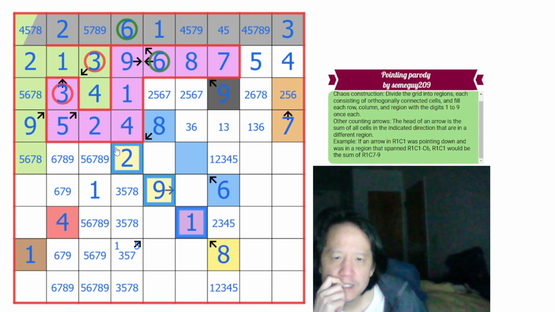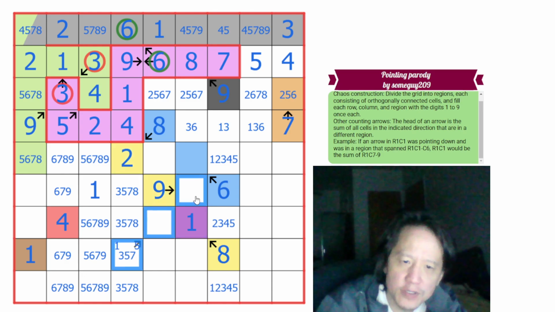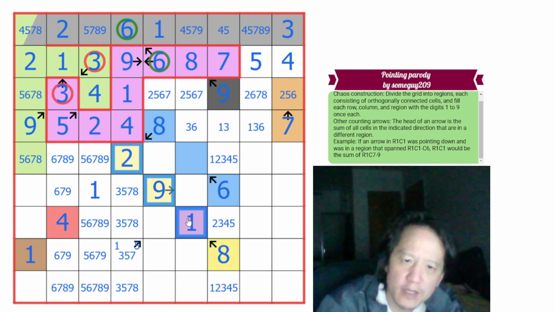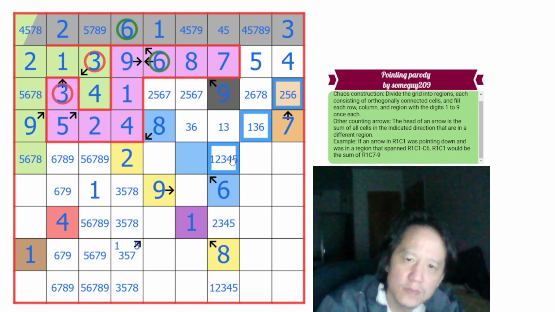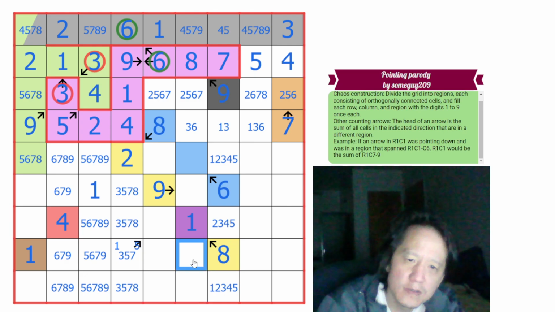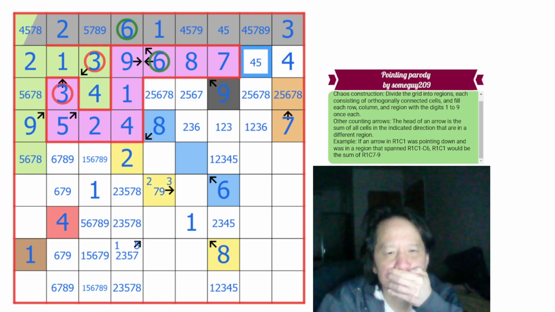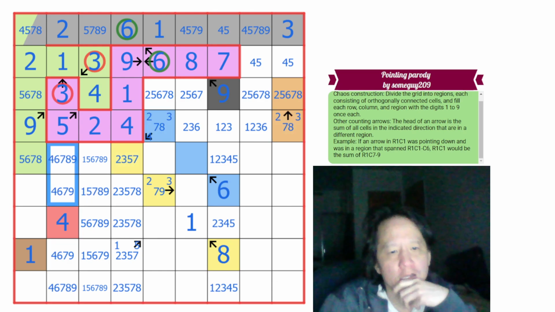Yeah, I'm just running into an impossibility here. So this crossing with this is problematic, right? Four, five, six, seven, eight, nine. Ugh, that's not good.